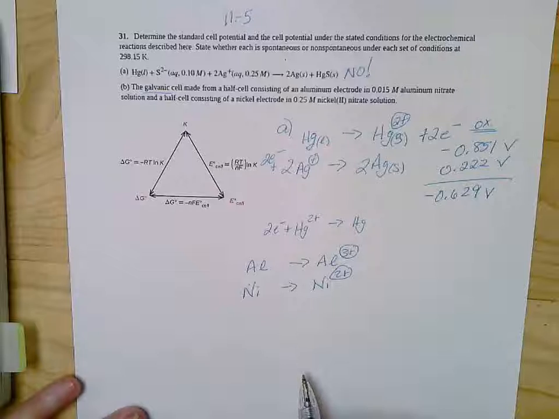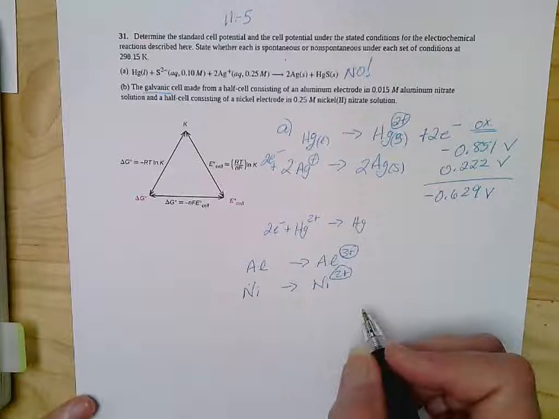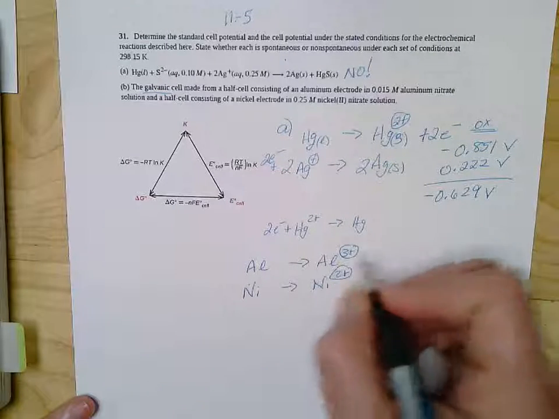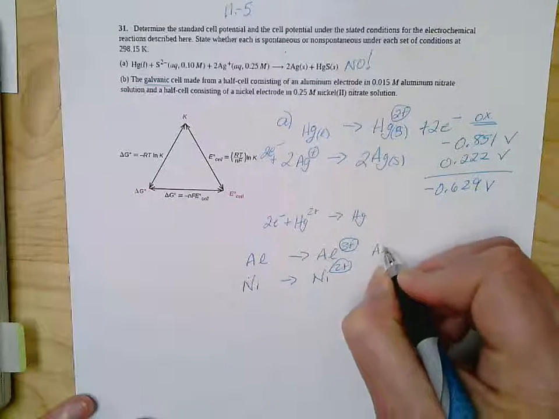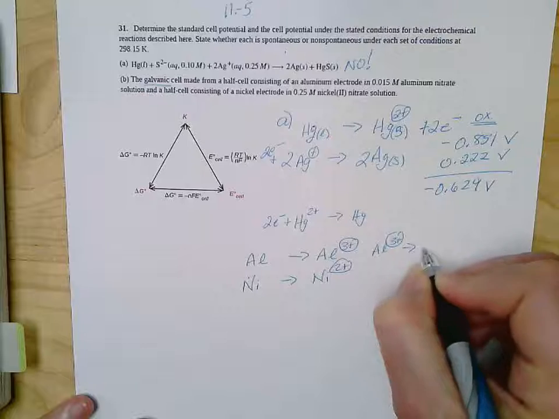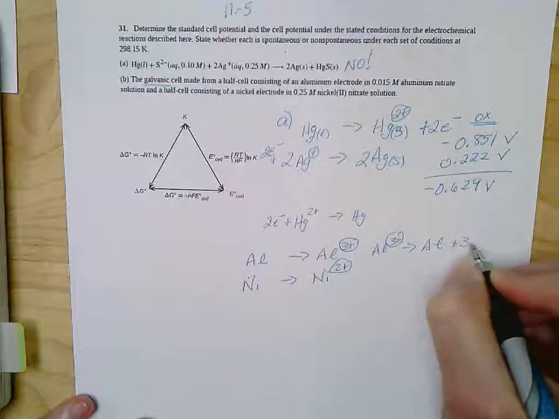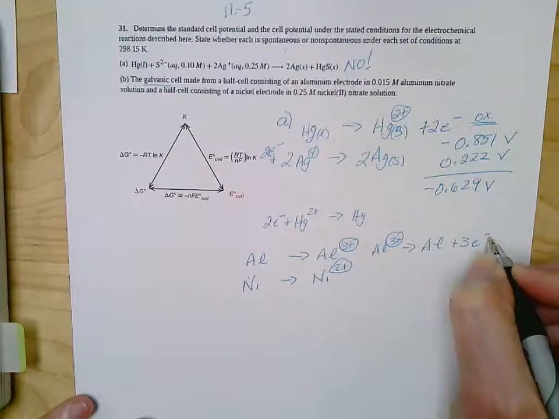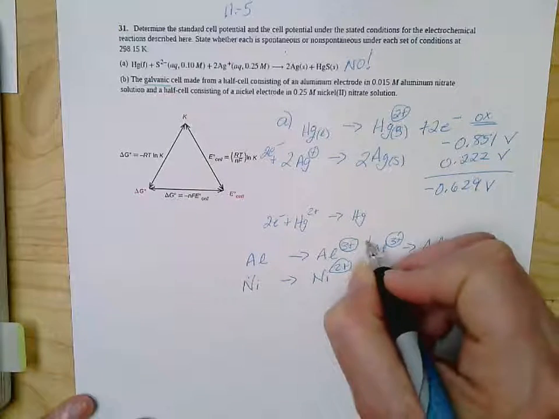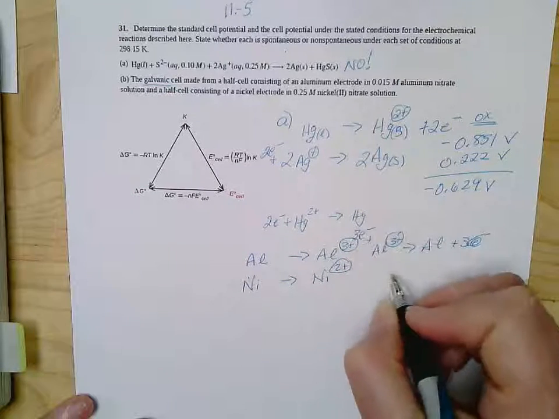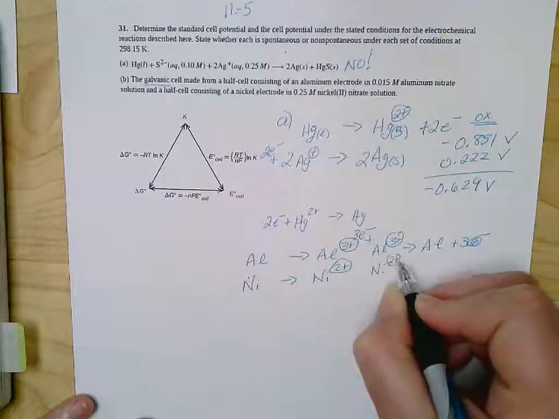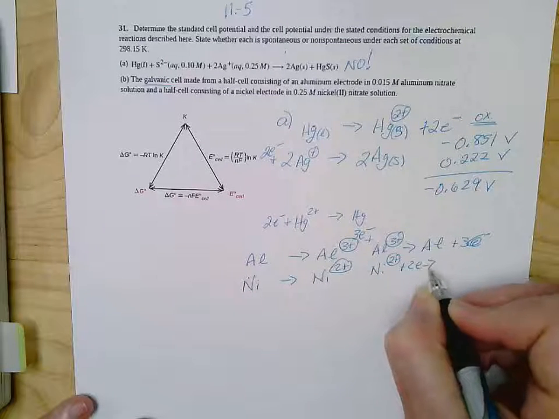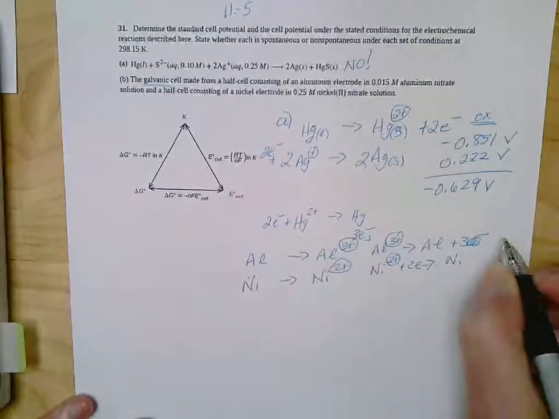If I look up the values, I've written these backwards, so let me rewrite them. Aluminum 3 plus plus 3 electrons goes to aluminum, and nickel 2 plus plus 2 electrons gives me nickel.